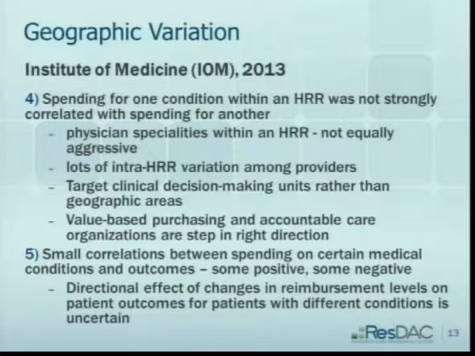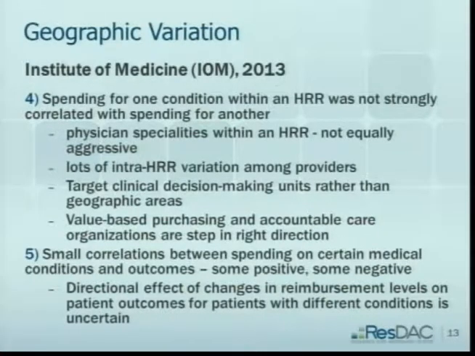So maybe what we ought to do with our healthcare reform efforts is target clinical decision-making units rather than geographic areas. So when we talk about value-based purchasing or accountable care organizations, that's a step in that direction. What's the evidence in terms of high spending? Does it really result in better outcomes? It's mixed. Some studies show positive correlations, some negative.